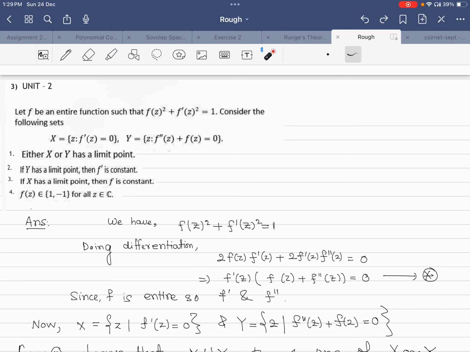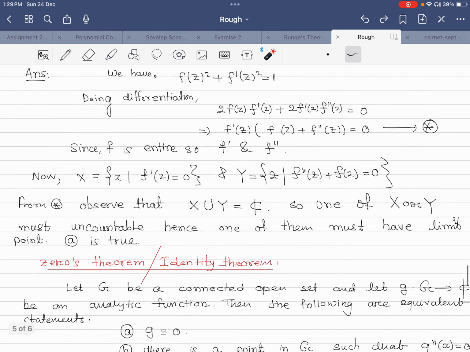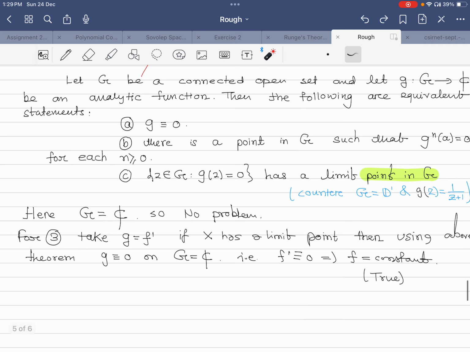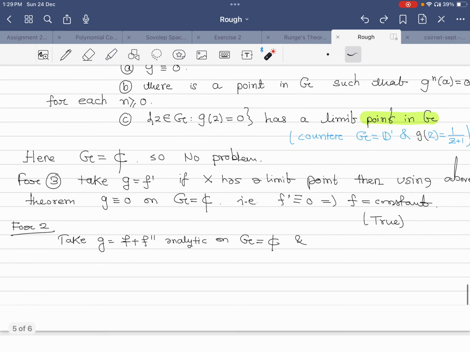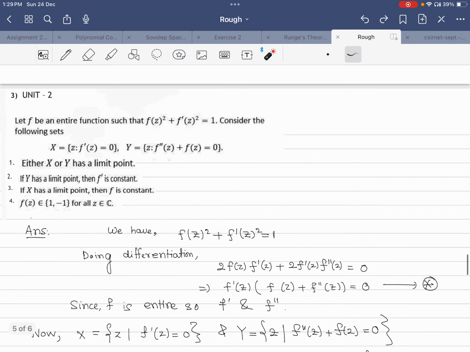Now, for 2 and 4, I gave the example earlier, but using the zeros theorem we can also do that. How? For 2, take g equal to f plus f double prime. That is analytic on C. And what does 2 say? 2 says if Y has a limit point, then f prime is constant.